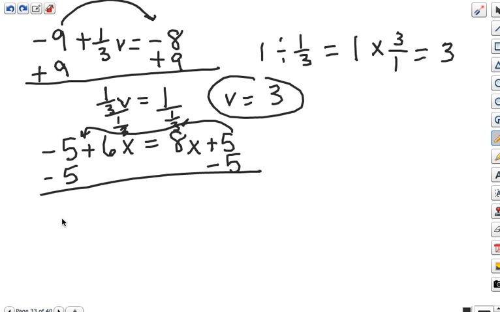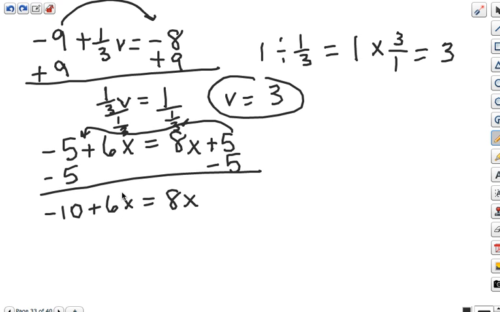Negative 5 plus another negative 5 is negative 10. Then we just rewrite the rest of the equation. So negative 10 plus 6x equals 8x. Okay, so now we need to again move something else over. Okay, we really can't move the 8 over because there's not going to be anything on the other side.